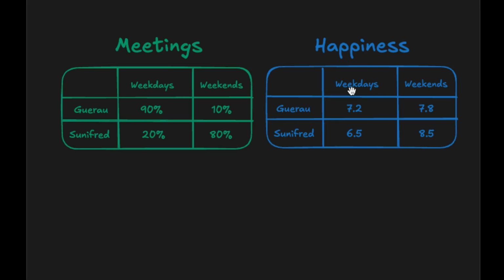You can see that she likes meeting with Gerau more during the weekends, and she also likes meeting with Sunifred more during the weekends. Both scores are higher than on weekdays, but with Gerau she usually meets during weekdays. There's a huge difference with Sunifred between meeting him during weekdays and weekends. The difference is larger than it is with Gerau.